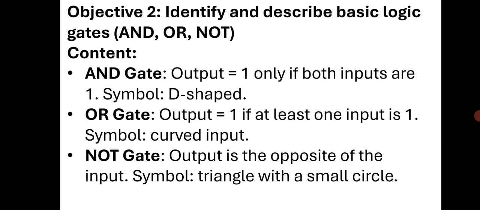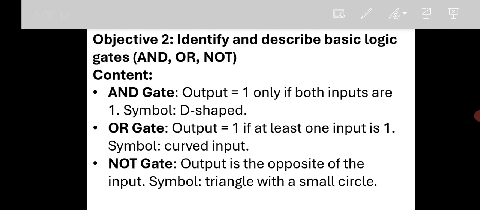So for the bulb to light, either of the two switches must be closed. It's either switch 1 or switch 2 must be closed in order for the bulb to be on. Remember, 1 means on. When you say 1, it means on.